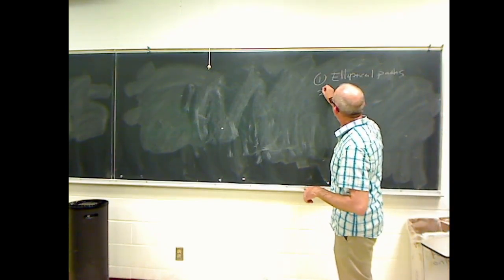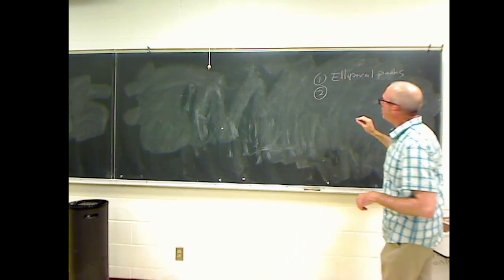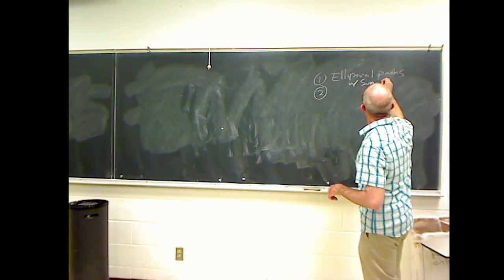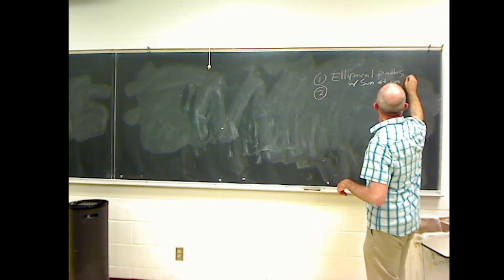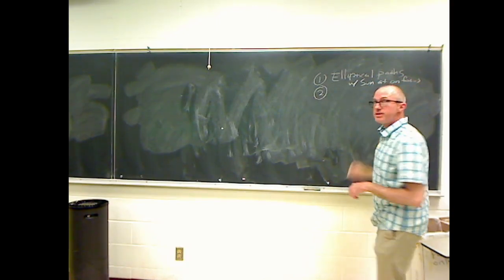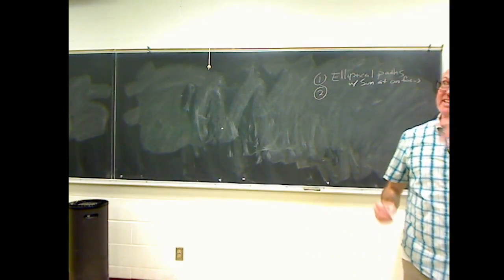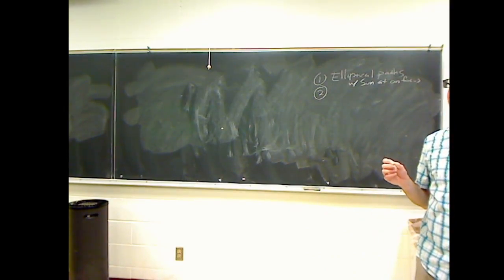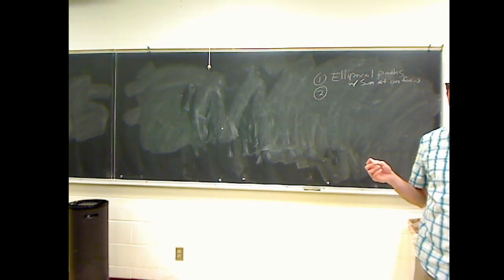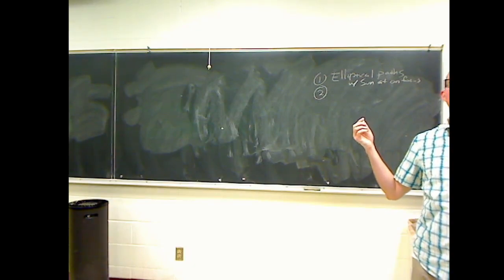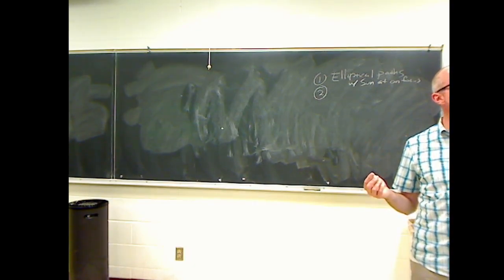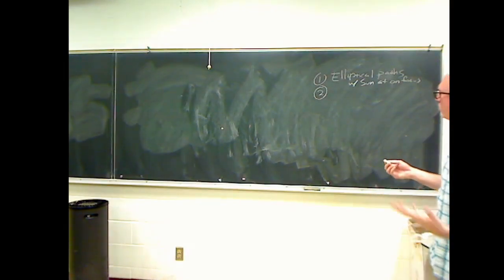The first law: elliptical paths with the sun at one focus. The second one was curious. I don't have any idea how he sorted out this law from the ground. I mean, it's kind of gorgeous. You had to come up with the first one first, and then once you understand the first one, the second one will show up.